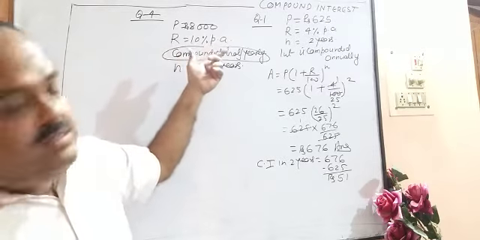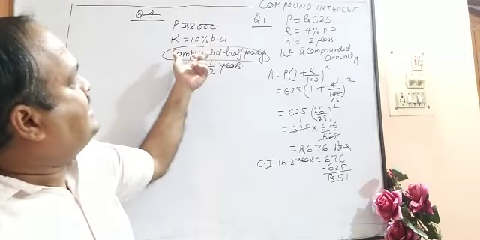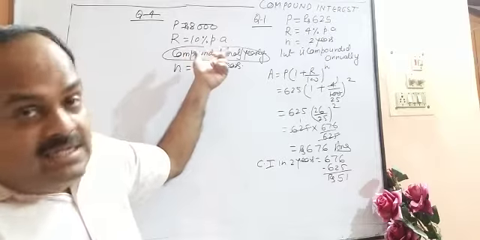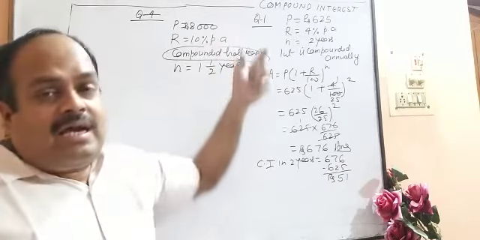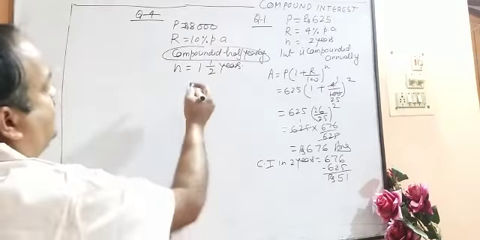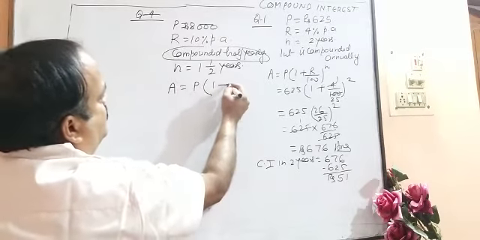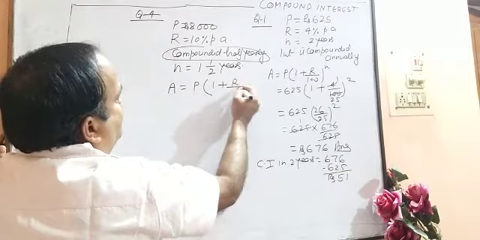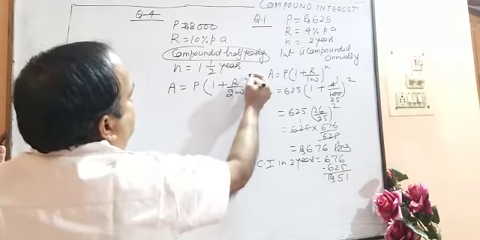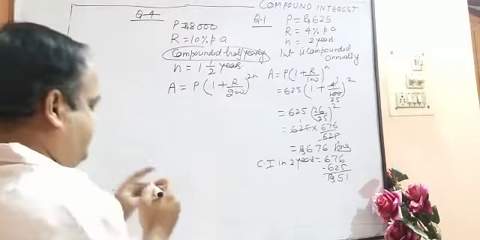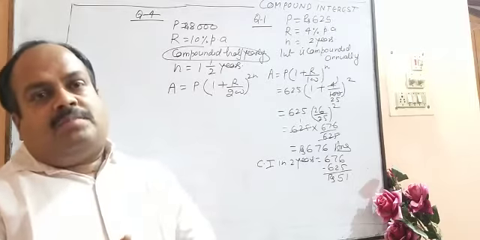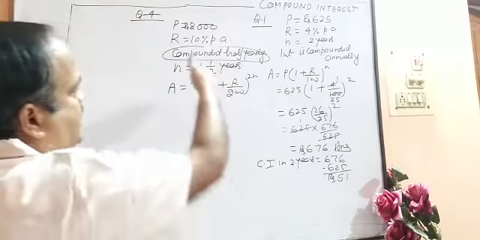I think you remember the formula for the amount when the interest is payable half yearly: A is equal to P into (1 plus R by 200) to the power 2n.